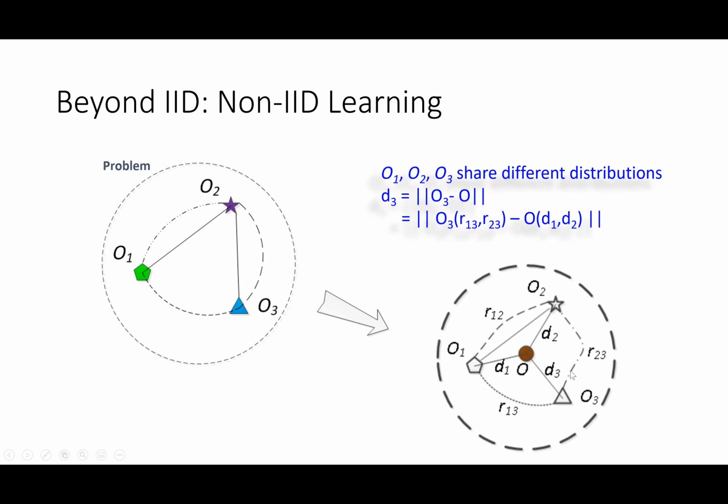And when we define the objective function D3, we have to consider that O3 is different from O1 and O2. Different means it may follow a different distribution. It may have a different structure, or it may be engaged with O1 in a relation that is different from the relation between O3 and O2.